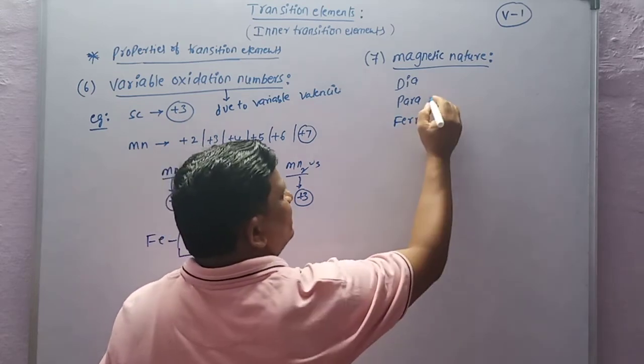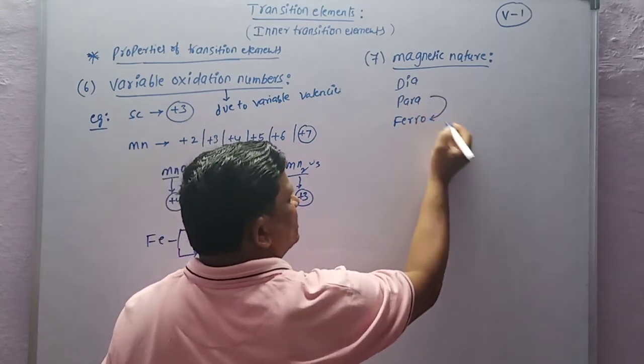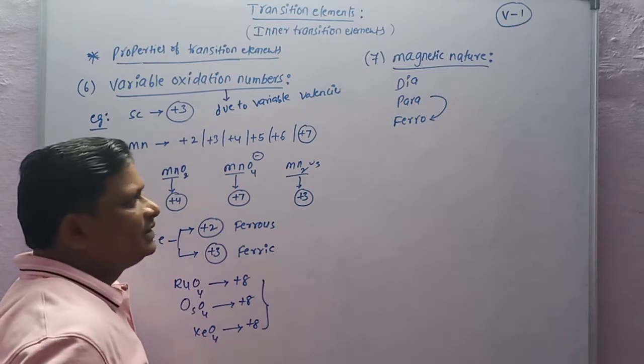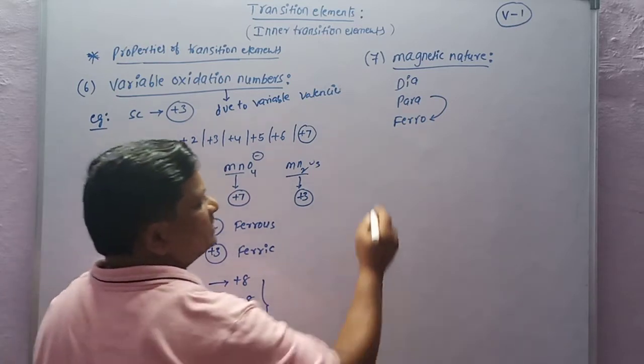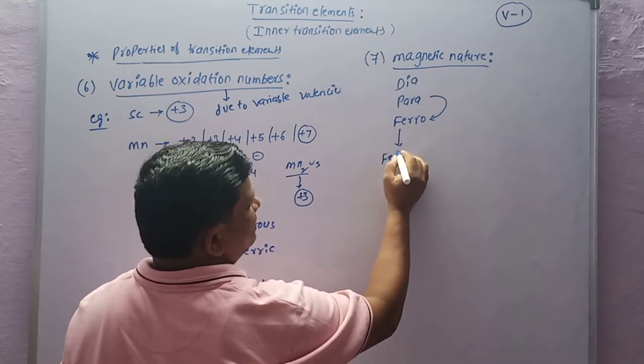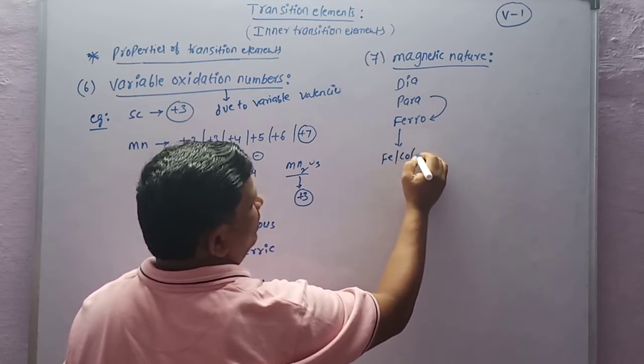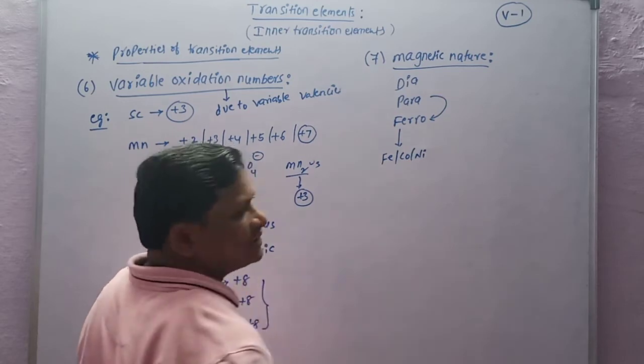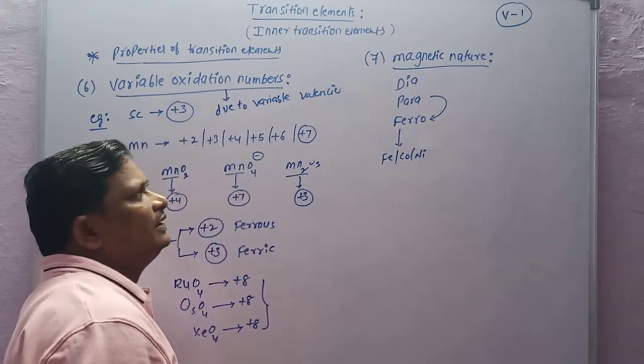If the magnetic nature increases, paramagnetic converts into ferromagnetic. The best examples of ferromagnetic substances are iron, cobalt, and nickel.